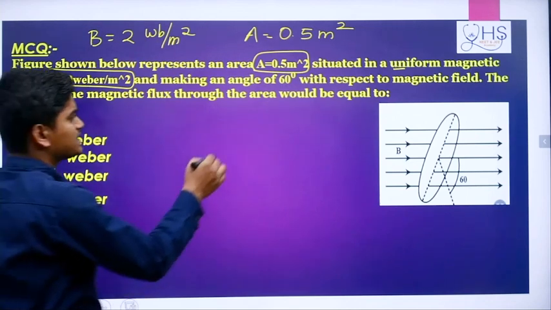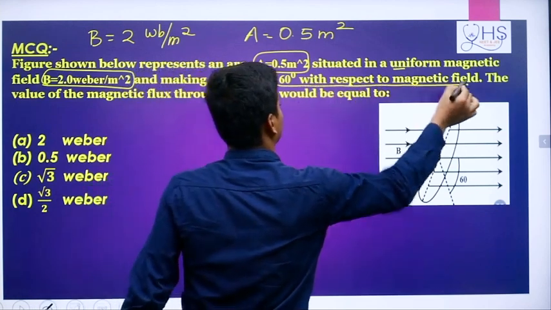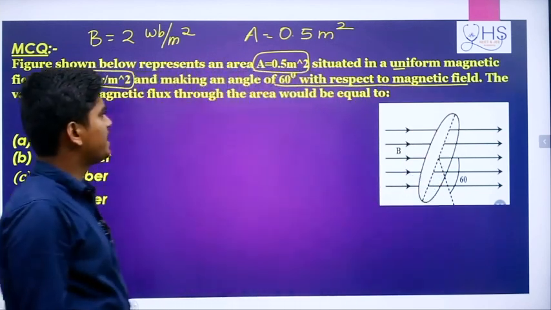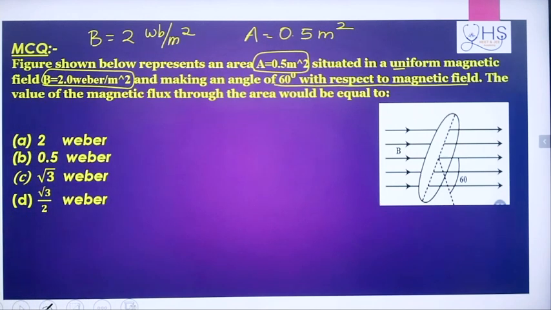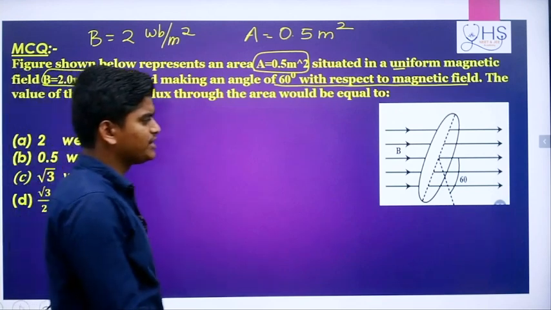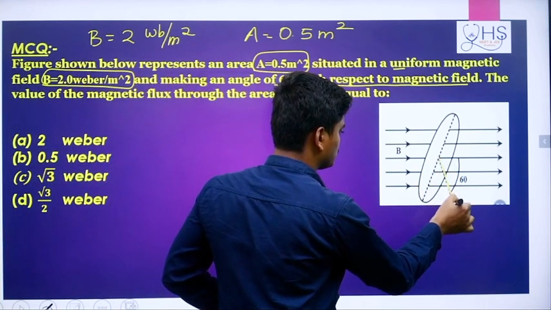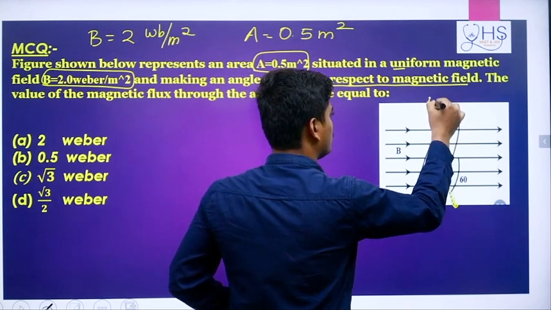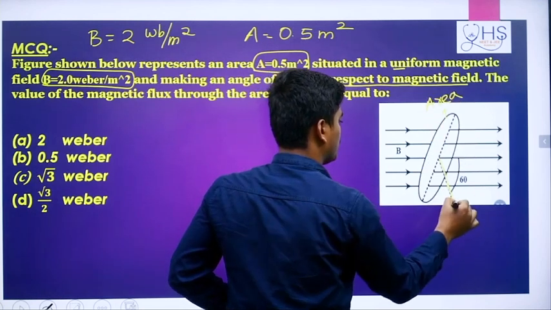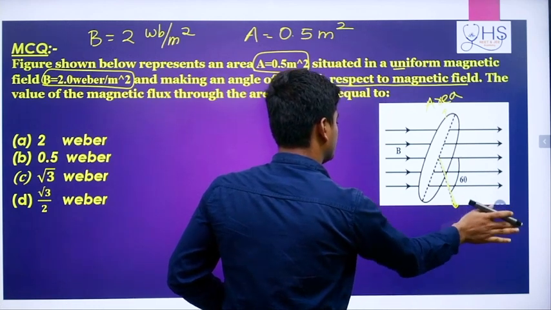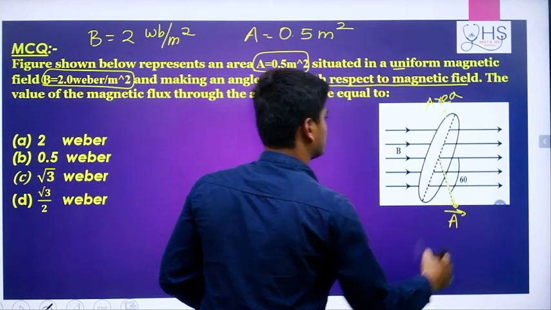Now the area is making a 60 degree angle with the magnetic field. They did not say it explicitly, but one picture is given in which the line seems perpendicular. If this is your area, this will be your area vector.